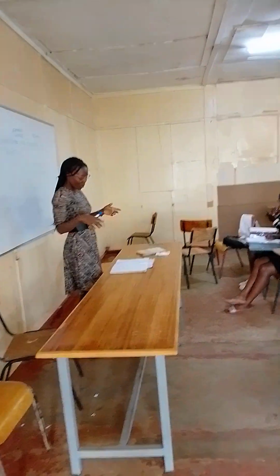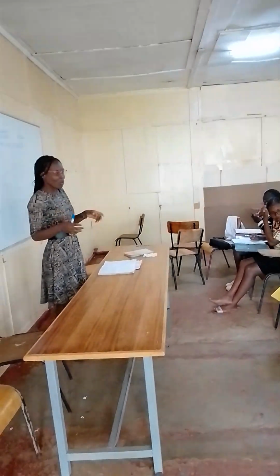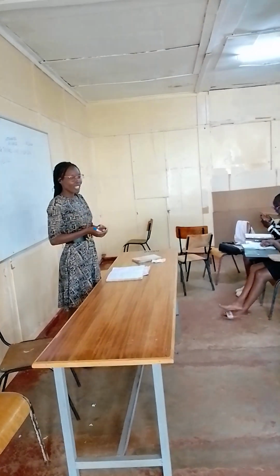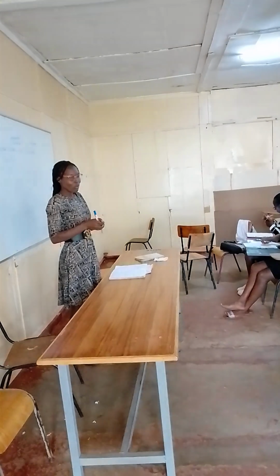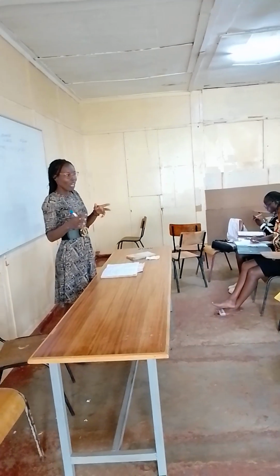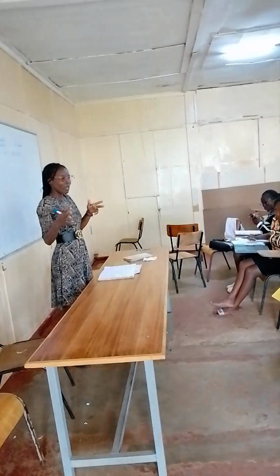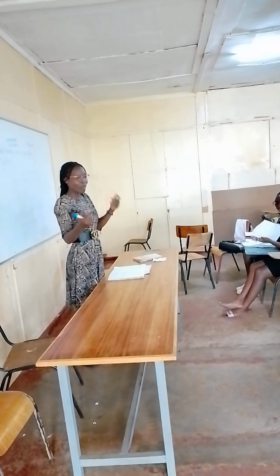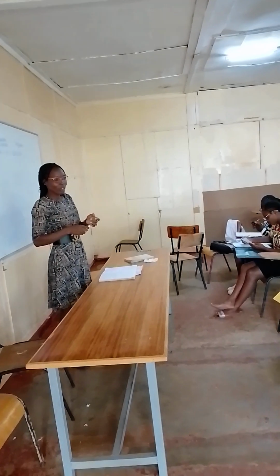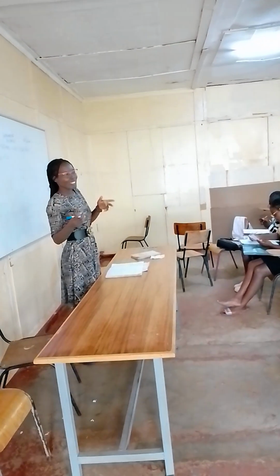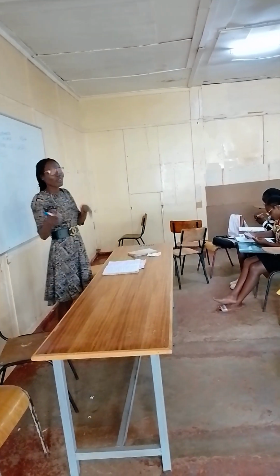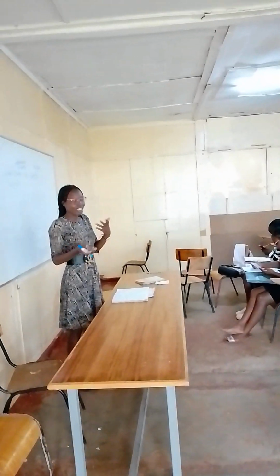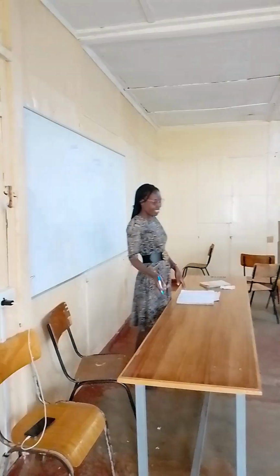Another one, after you use the microscope, you are supposed to store it in a cool environment, or use a box, and the box is supposed to be free from moisture so that it can avoid rusting.